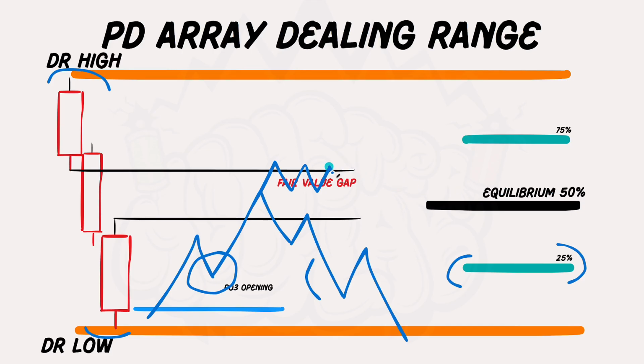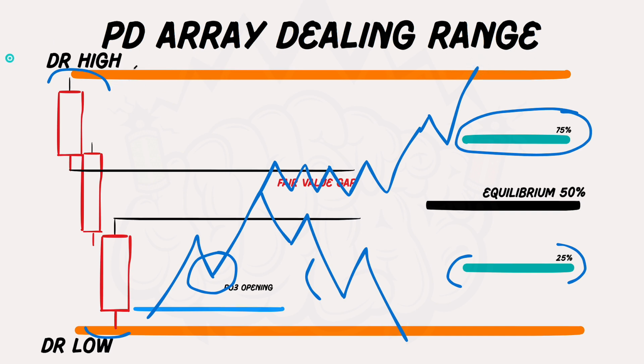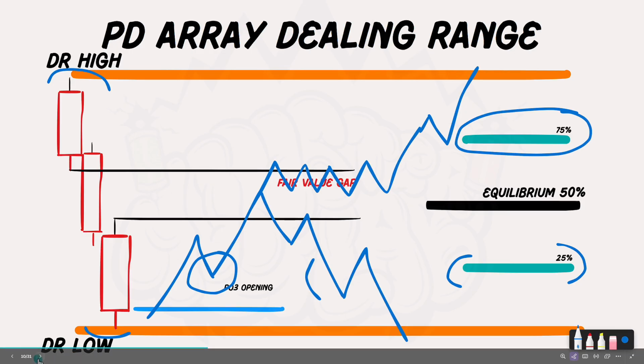So it's probably one inversion to continue to the 75. 75, return, and continue to the dealing range high. Because remember, in every dealing range, you only have two draws or levels, the previous dealing range high or previous dealing range low.